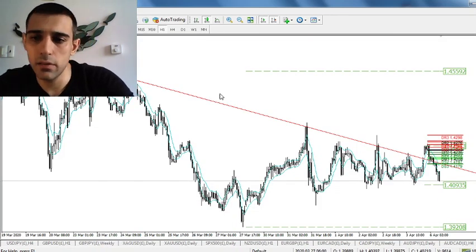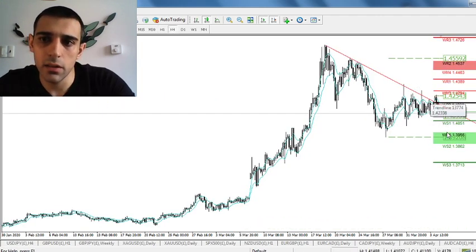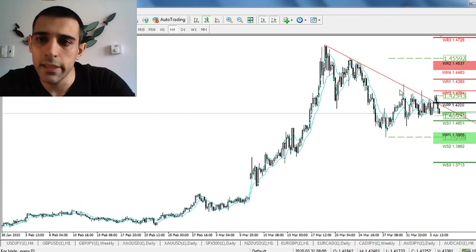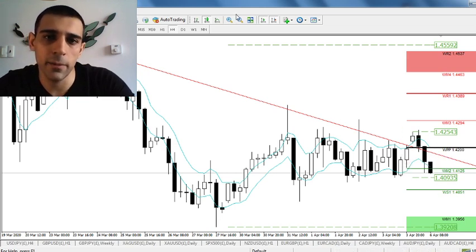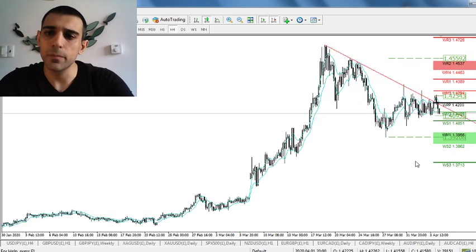USDCAD. Okay, US dollar Canada. It's already flying down now. The price gapped about 15 or 20 pips in here, so it looks like it broke this trend line, and we can see this price is flying down, so it looks pretty strong for now.